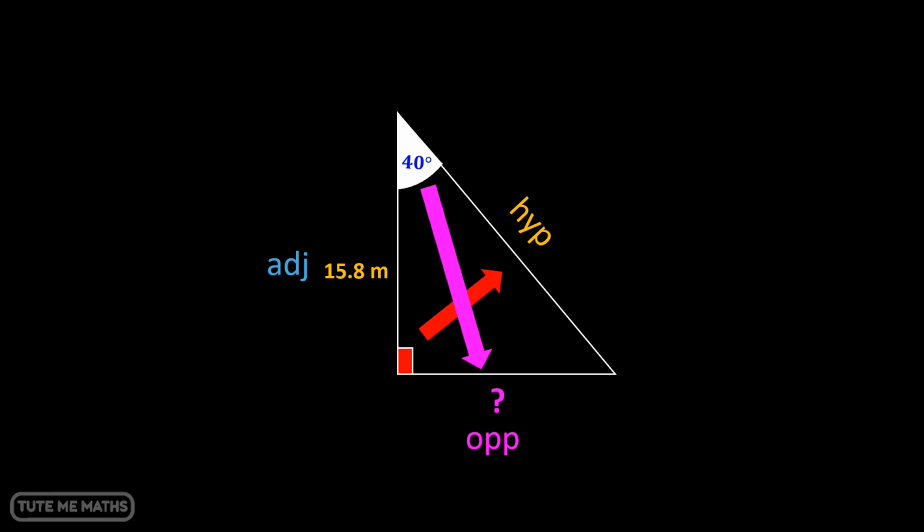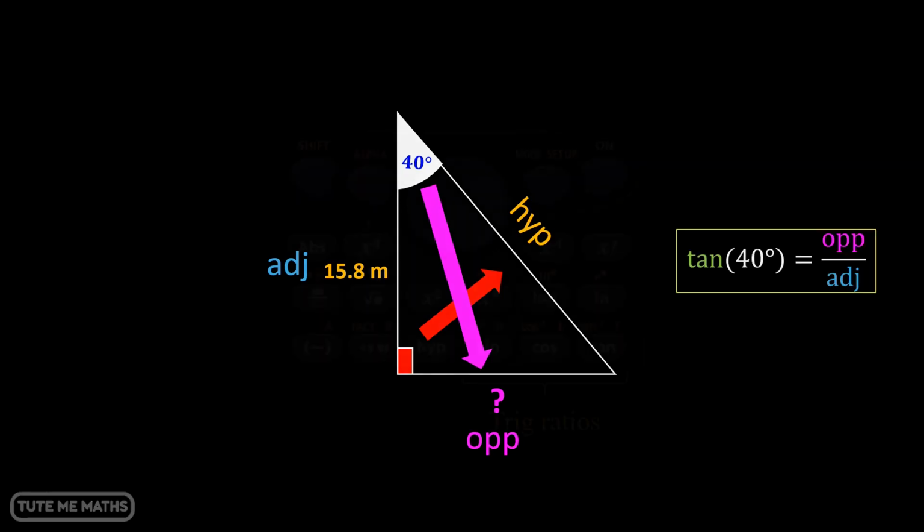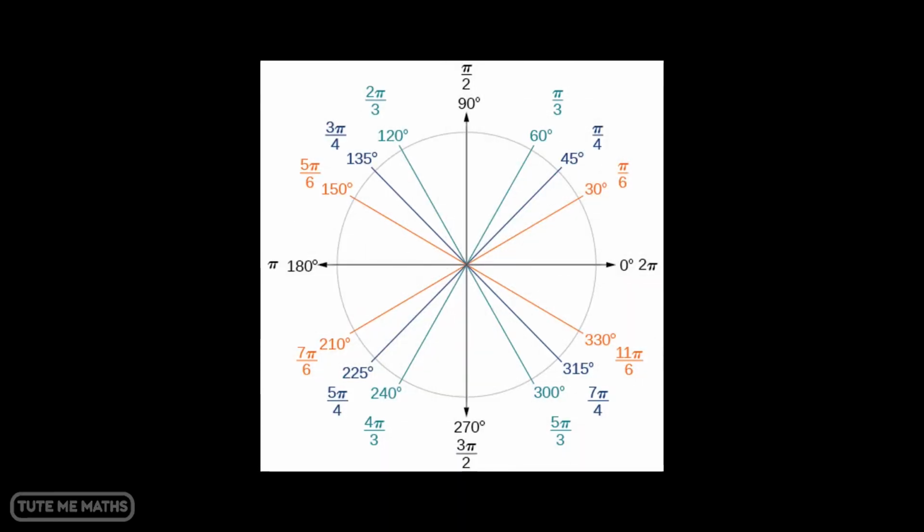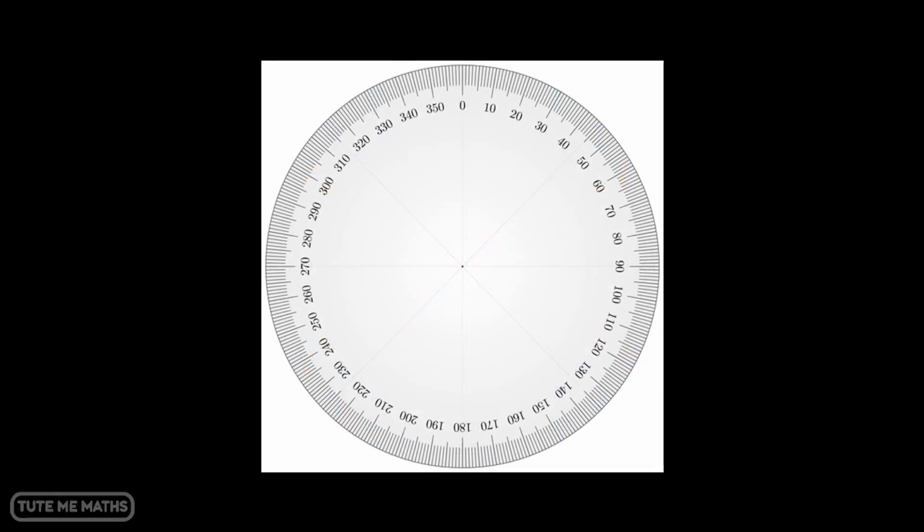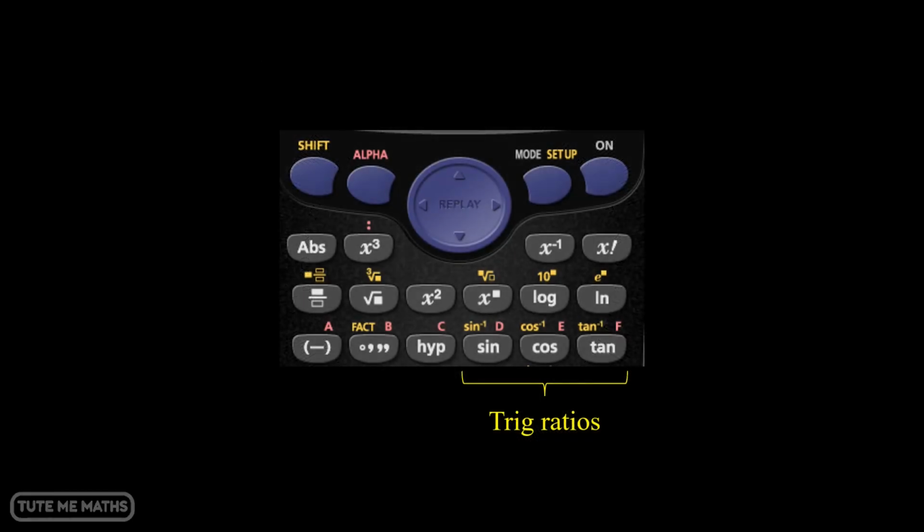Firstly, be aware that there are other units besides degrees for measuring angle size. You won't need them unless you study higher levels of mathematics, so we will stick with degrees. However, you do need to make sure your calculator isn't accidentally set to use one of the other types.